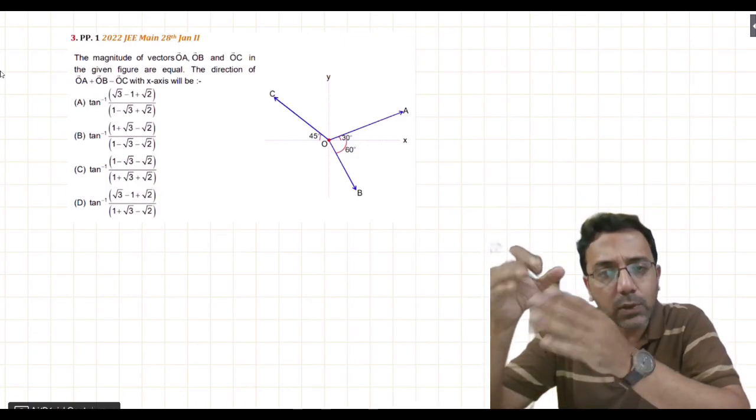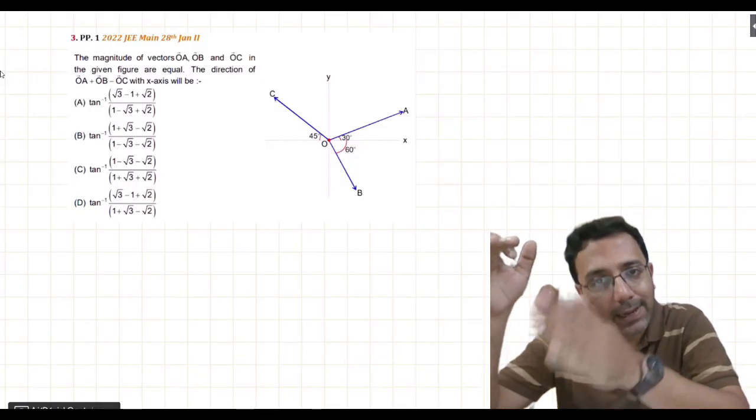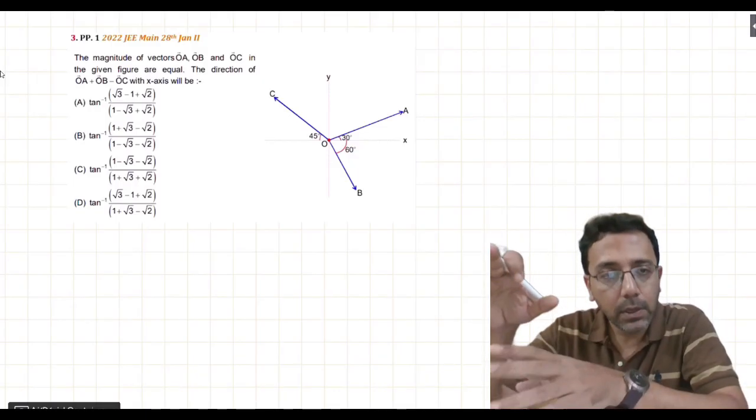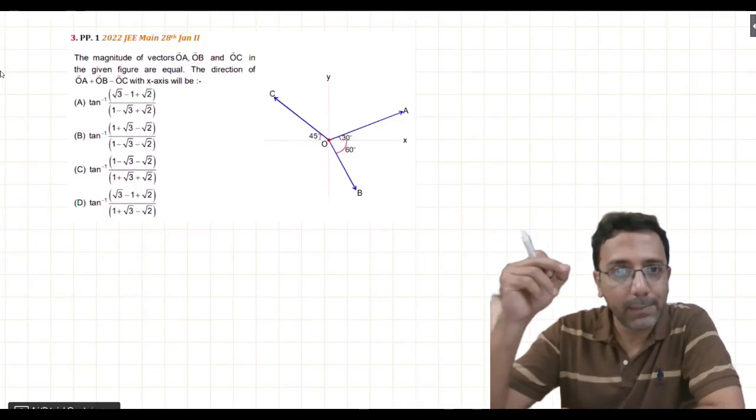So let us break it down into components, one along the x-axis, one along the y-axis. After that we will execute that relation, that is OA plus OB minus OC.